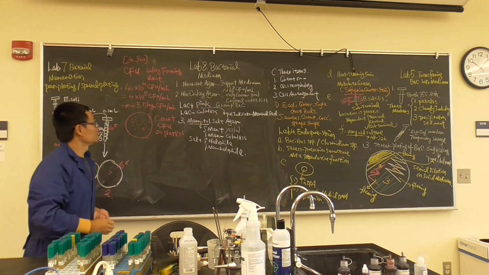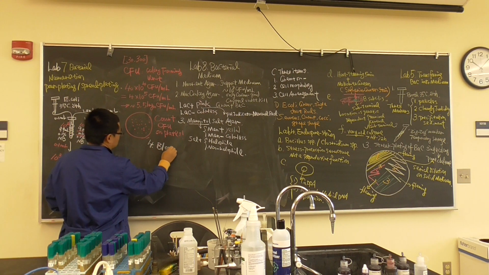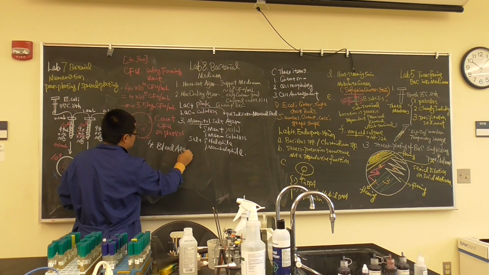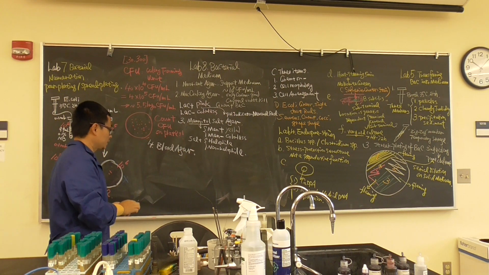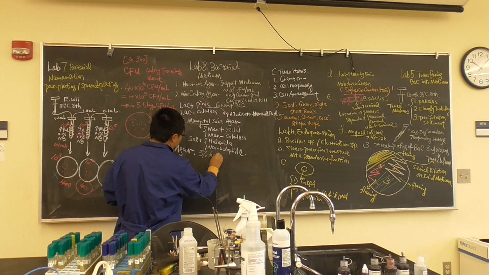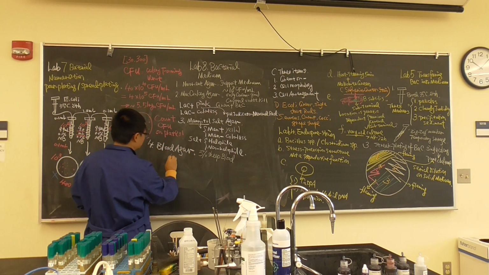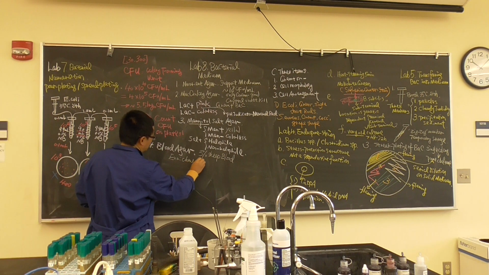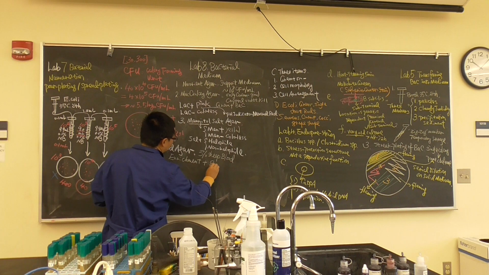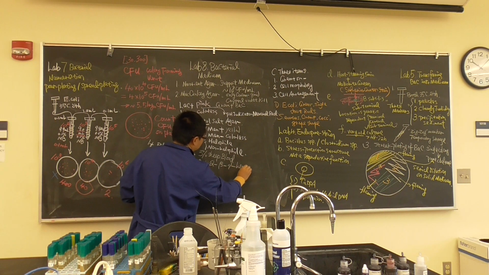Okay. Now we talk about the blood agar. Blood agar, 5% sheep blood. For enrichment plus alpha, beta, gamma hemolytic.